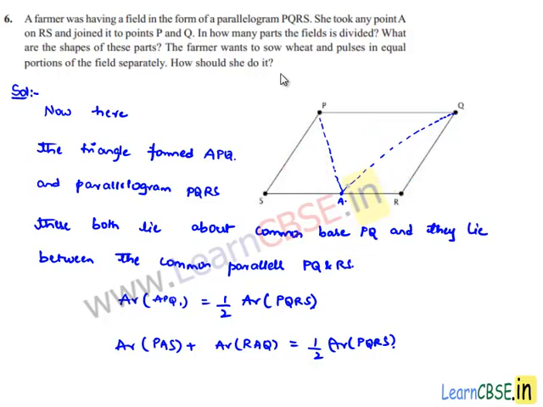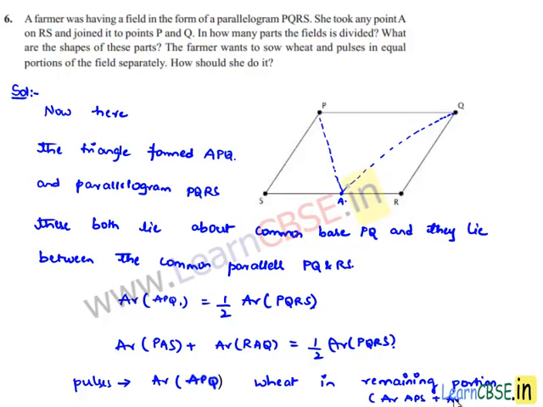He says that she wants to sow the wheat and pulses in equal portions of field separately. How should she do it? So let us divide the parts, that is if pulses are grown in the area of triangle APQ, then wheat can be sown in remaining portion, that is in the area of APS and area of AQR.